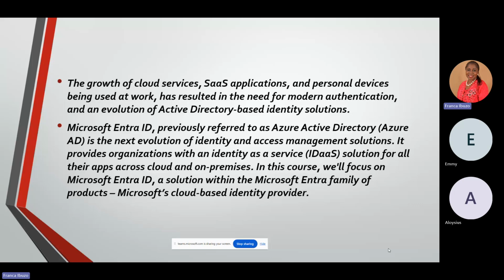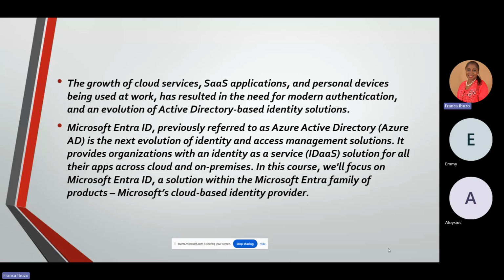It provides organizations with an identity as a service, IDaaS. You've come across SaaS, software as a service, PaaS, platform as a service, and IaaS, infrastructure as a service. So it's seen here, IDaaS, identity as a service solution, for all their apps across cloud and on-premises.